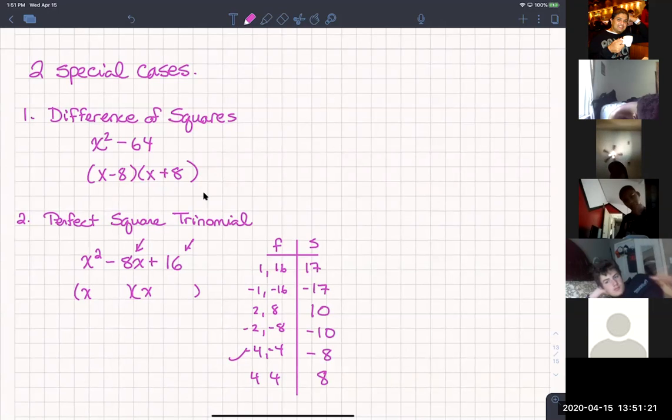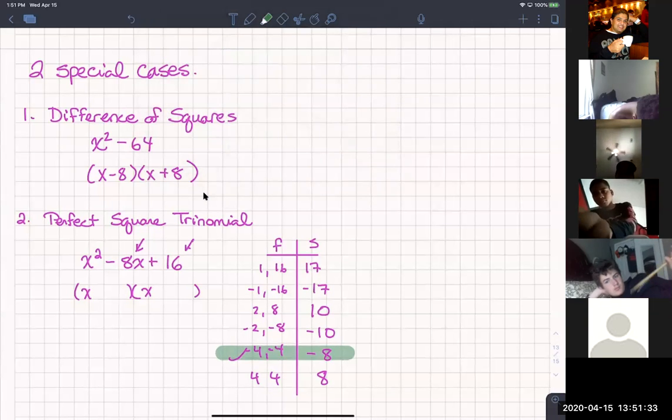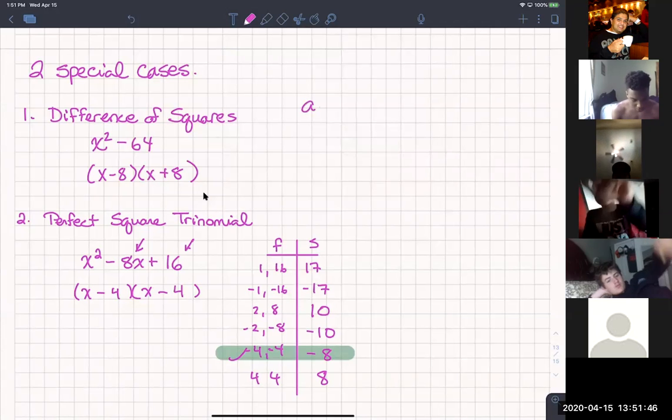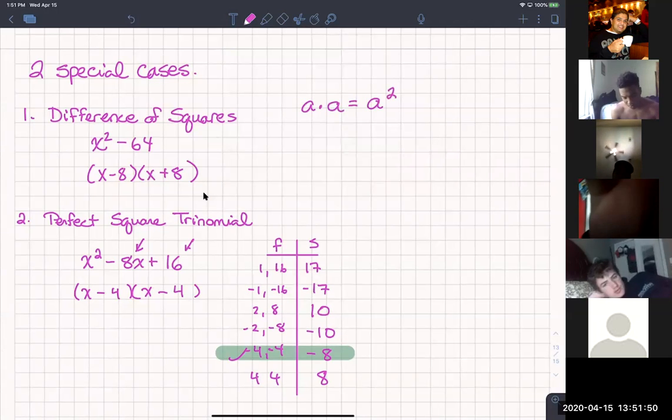Of course, since we're looking for something that multiplies to give me 16 but adds to give me -8, the one that we have to use is -4, -4. So this is x minus 4 times x minus 4. Remember, when you have a number multiplied by itself, we can rewrite this using an exponent.